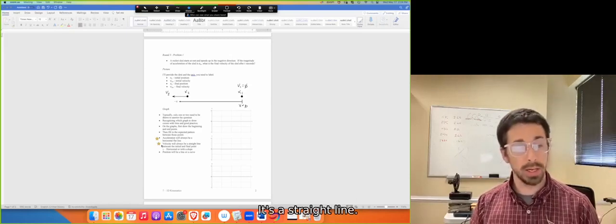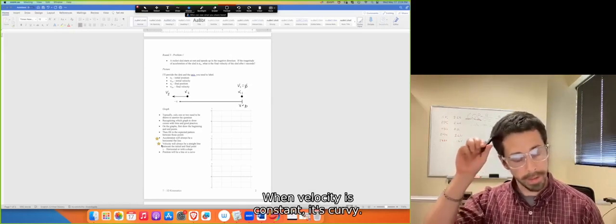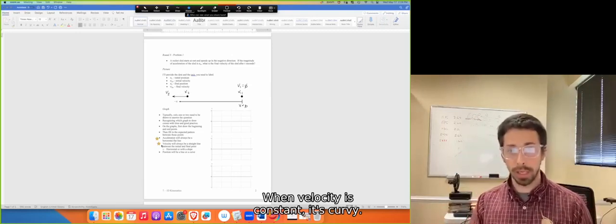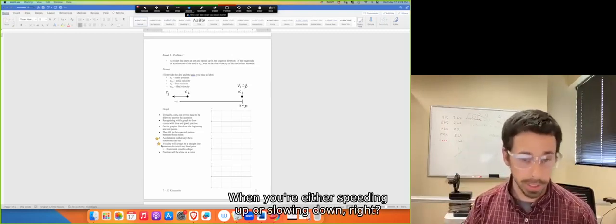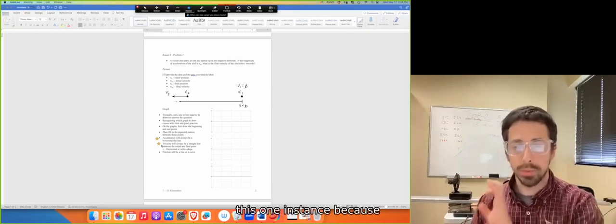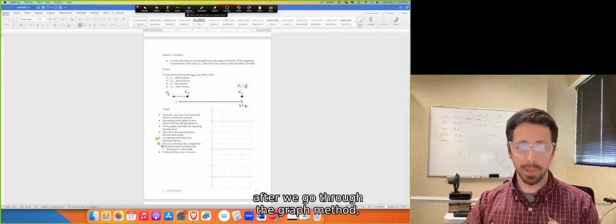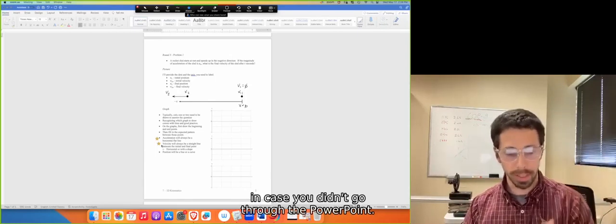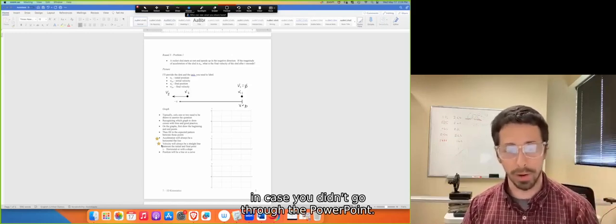It's a straight line when velocity is constant, and curvy when you're speeding up or slowing down. Usually we don't draw it. I'm going to draw it in this one instance because after we go through the graph method, I'll come back and show you the table method, in case you didn't go through the PowerPoint.